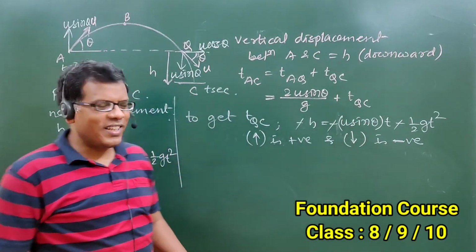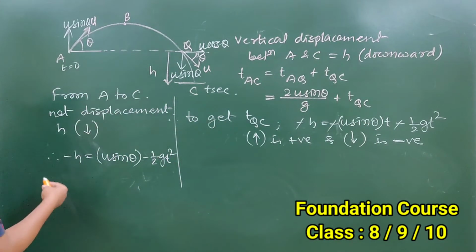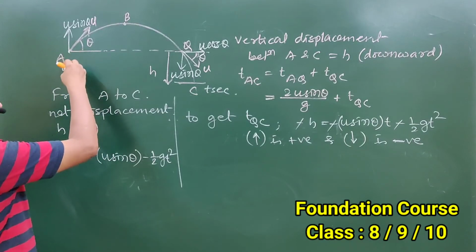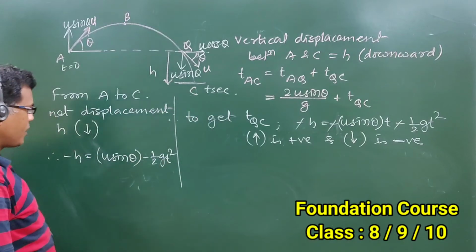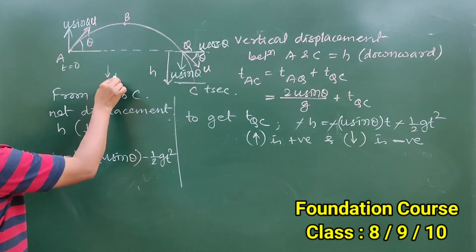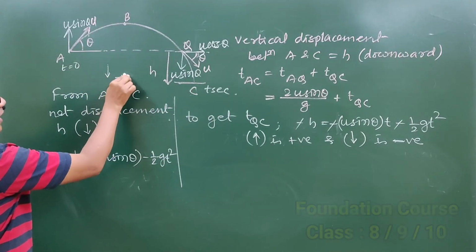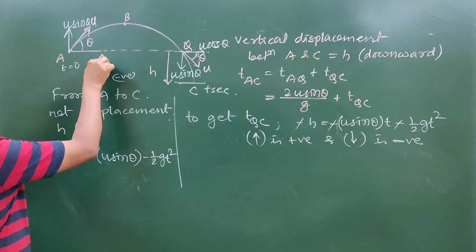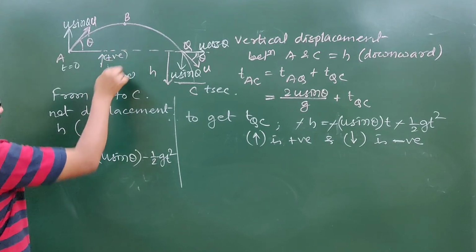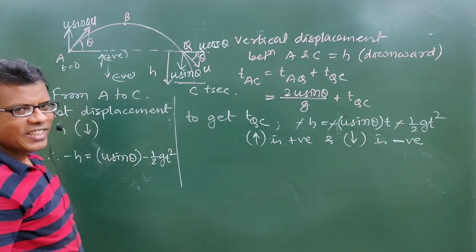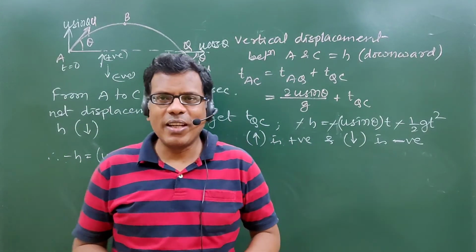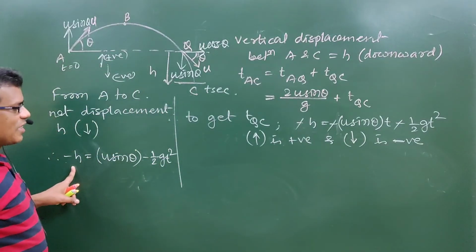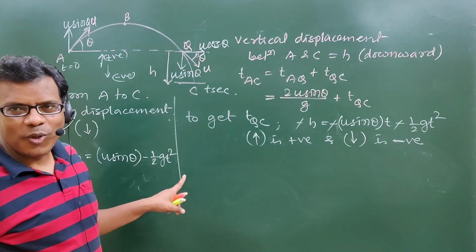All are of same sign because all are in the downward direction, but when we are applying the same formula for same vertical displacement, but we are using it from a to c, that time downward is taken negative, upward is positive. So that's why two different signs, you can see, positive sign is with u sin theta and negative sign is available with h, that is displacement, as well as with the g, or vice versa.